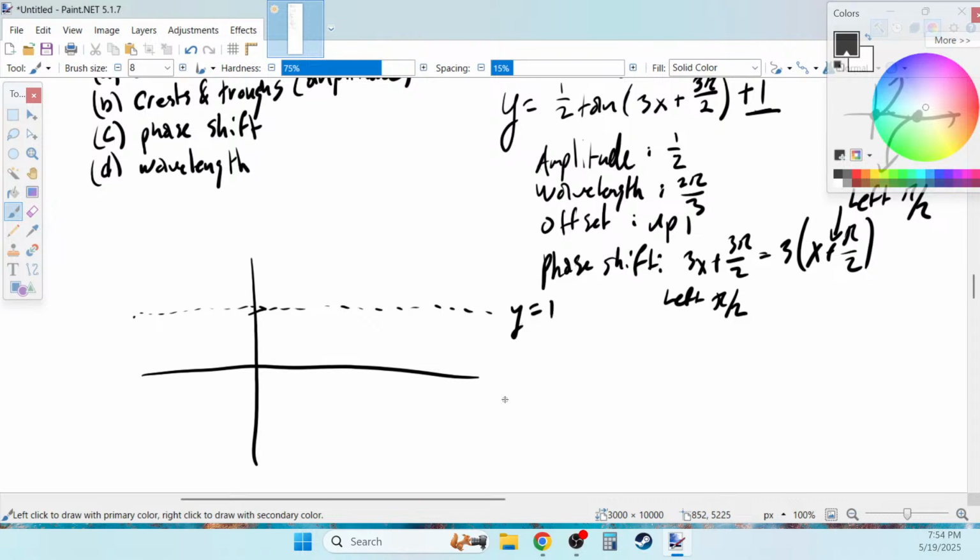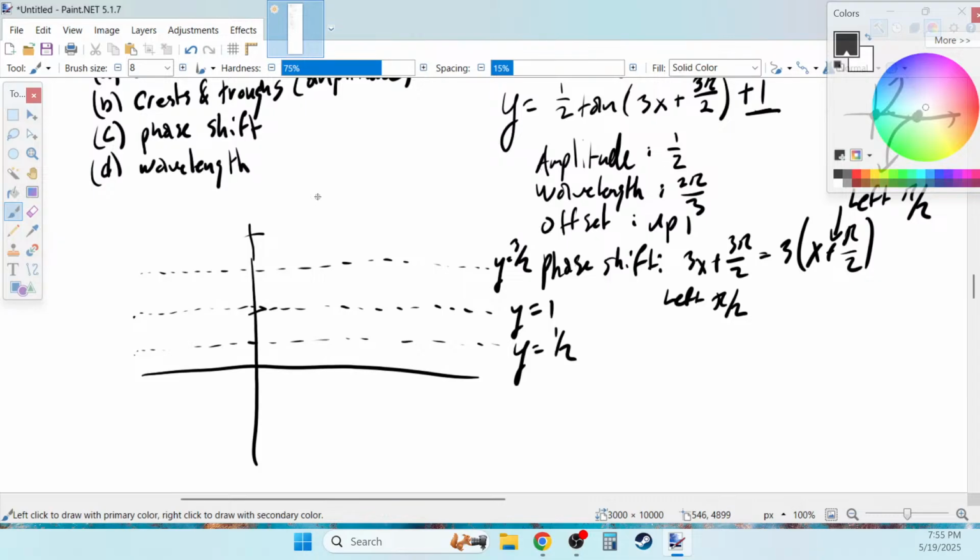My offset line is here at 1. Mark that as y equals 1. My crest is going to go up a half from that, so let's say here. 1 plus a half is 3/2. 1 minus a half is 1/2. There's my crest and my trough.